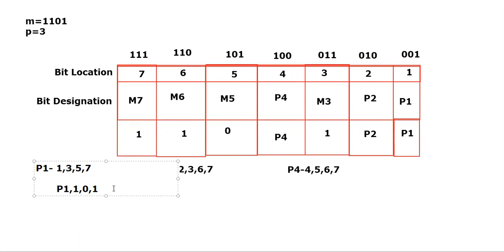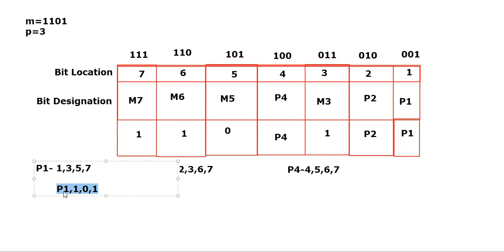Now either you can consider an even parity or an odd parity for Hamming code. I will be considering an even parity. When I say an even parity, the number of 1s should be even.